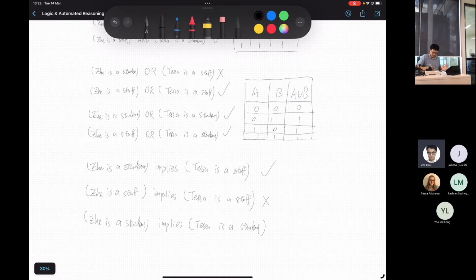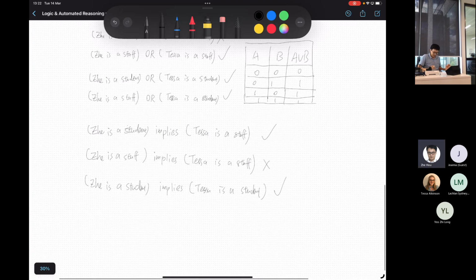Right? So that one is still true. If your assumption is false, then your implication reasoning is true. So the lesson learned is, you don't want to assume something wrong.